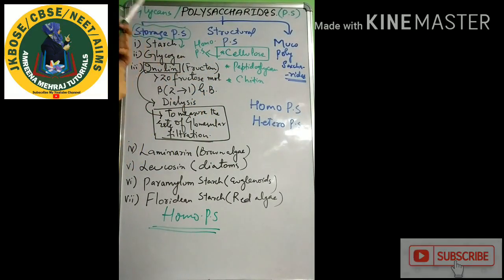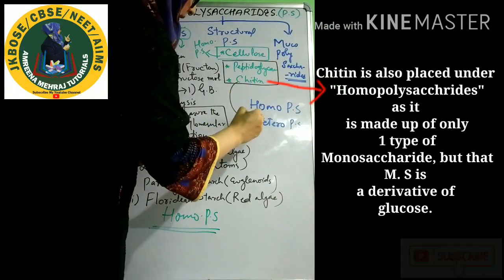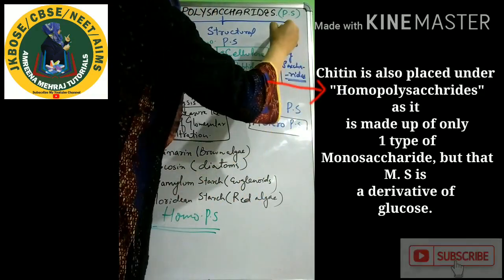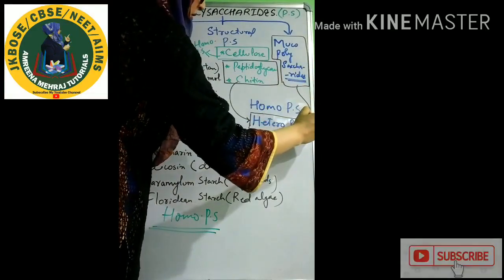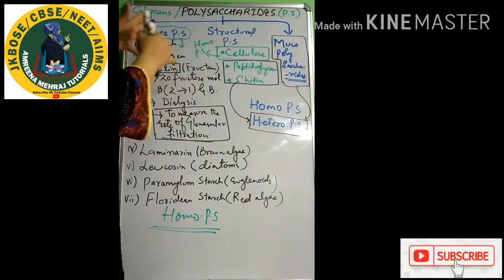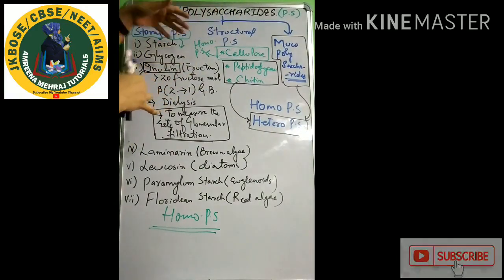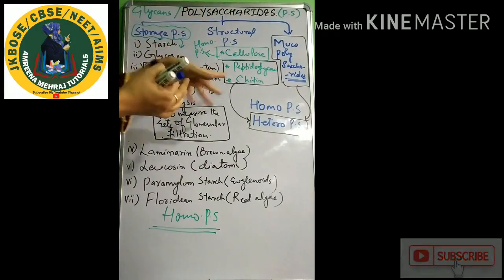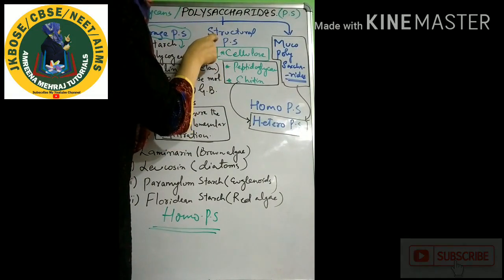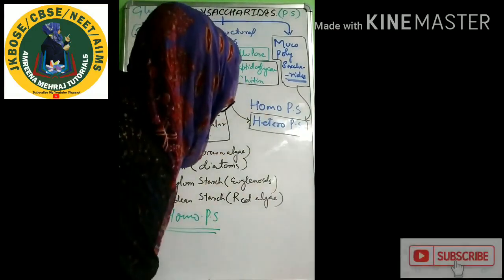But if you go to peptidoglycan and chitin, these are heteropolysaccharides. If you go to mucopolysaccharides or glycosaminoglycans, they are also heteropolysaccharides. This is very important for you to remember. Don't ever mingle these things. Keep an eye upon which is the example for a homopolysaccharide and which is a heteropolysaccharide. Our next topic is going to be cellulose. That is a structural polysaccharide, but it is a homopolysaccharide. Let us go to cellulose now.